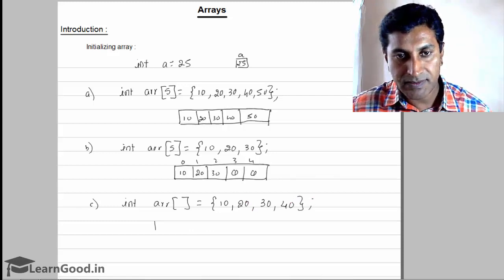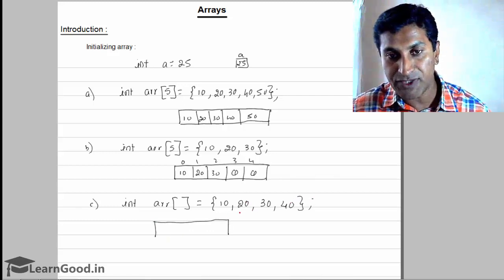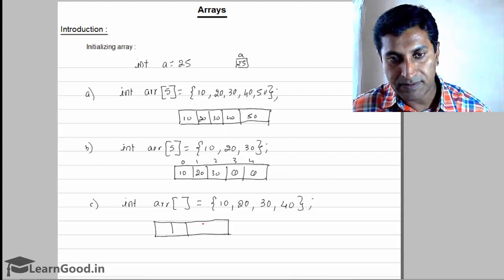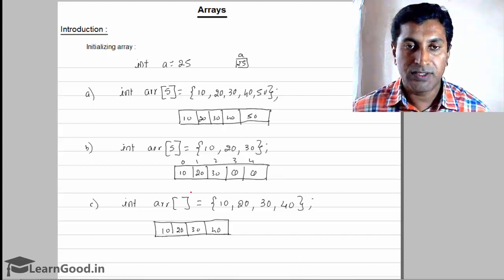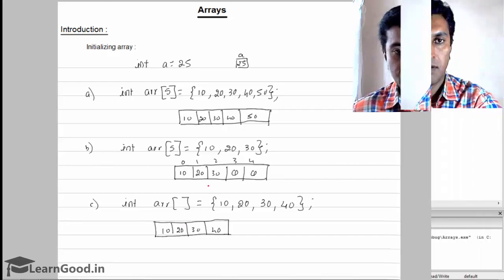In that case, it will not create an array of 5 elements. How many values have you given? Here I have given 4 values, so it will create an array of 4 elements and store those values here. So these are the 3 different ways you can initialize a single dimensional array.